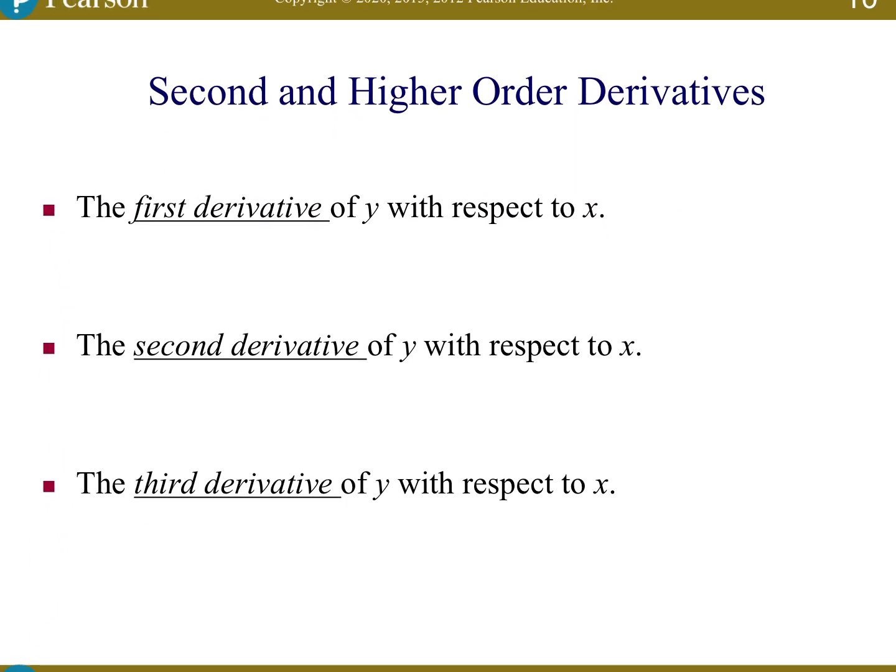What we've been doing is called the first derivative. That is, Newton called that f prime. Remember that Leibniz called that df over dx. The second derivative, Newton called it double prime, and Leibniz called it d2f.